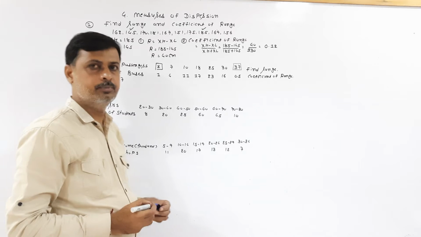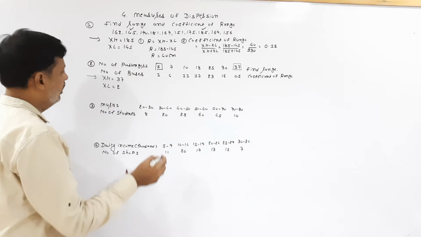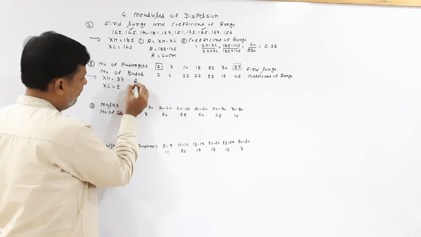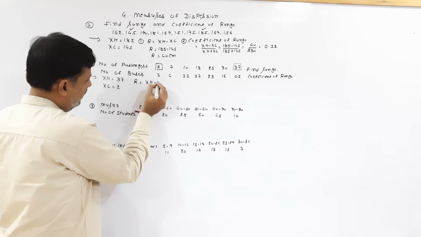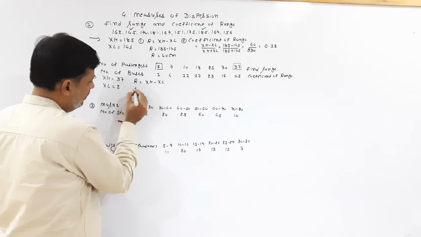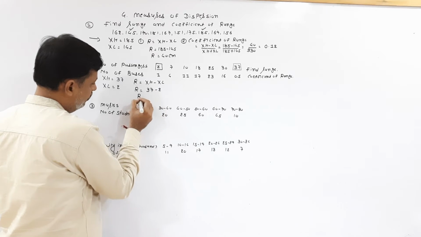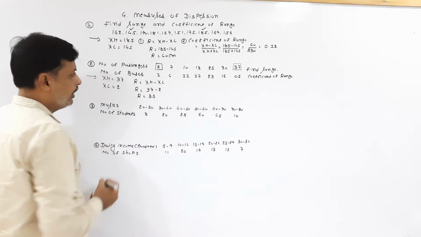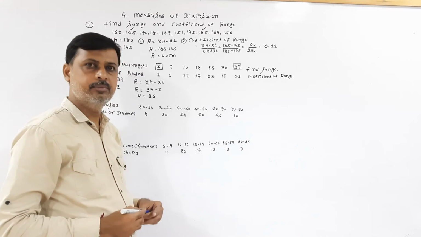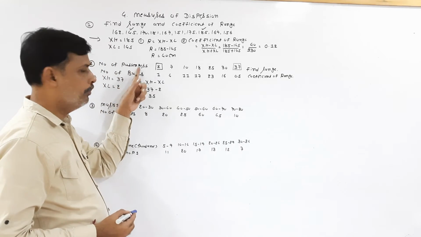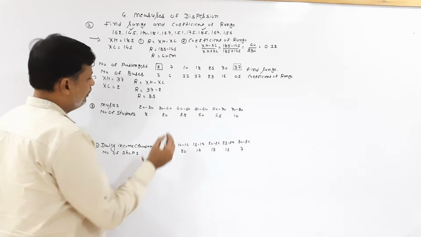XL is equal to 2. Now the range, XH minus XL, 37 minus 2, that is 35, and this is number of passengers.